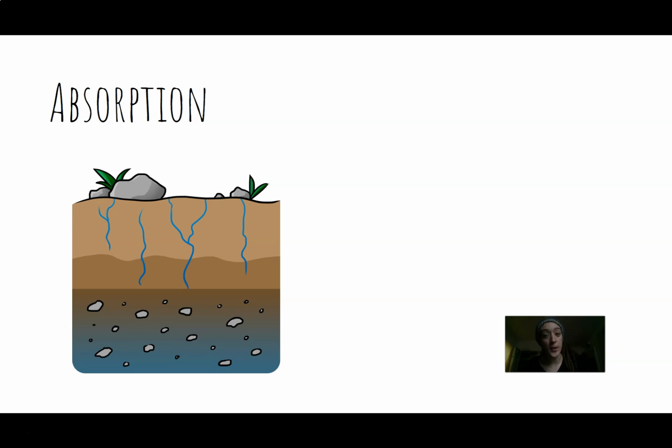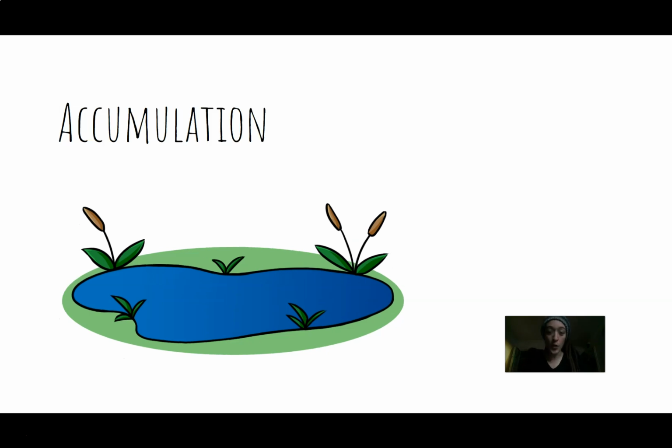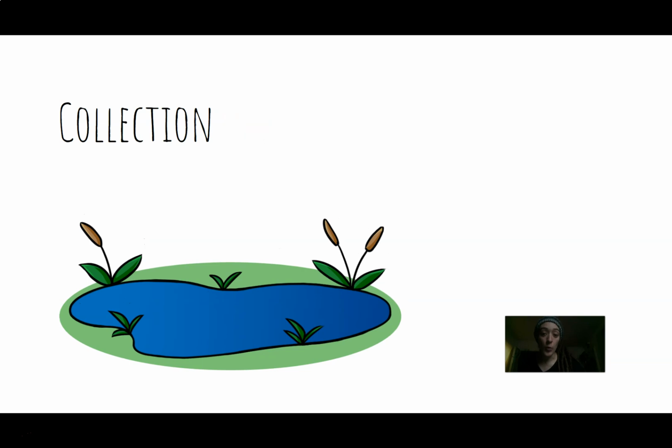So absorption, percolation, infiltration, that's when water's soaking into the ground. And then we also have collection or accumulation, right? That's when water finally gets to one place and gathers all up in one place. So either in a lake or in the ocean or in a pond or even in a river, that's called collection. When water's not really on the move, it's sort of stored in a place.